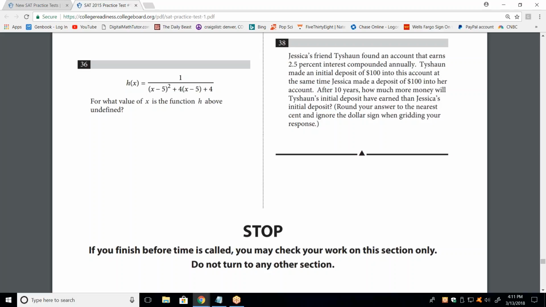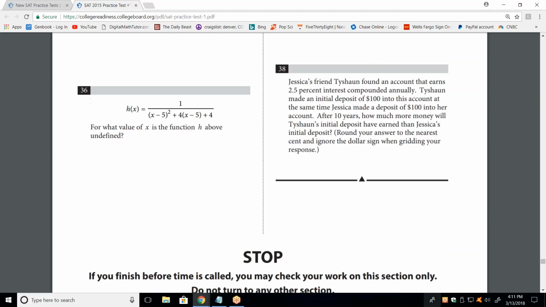But it's important you understand a few concepts on 36. You can solve it or not, you need to know something. What makes a function undefined? You definitely need to know that.